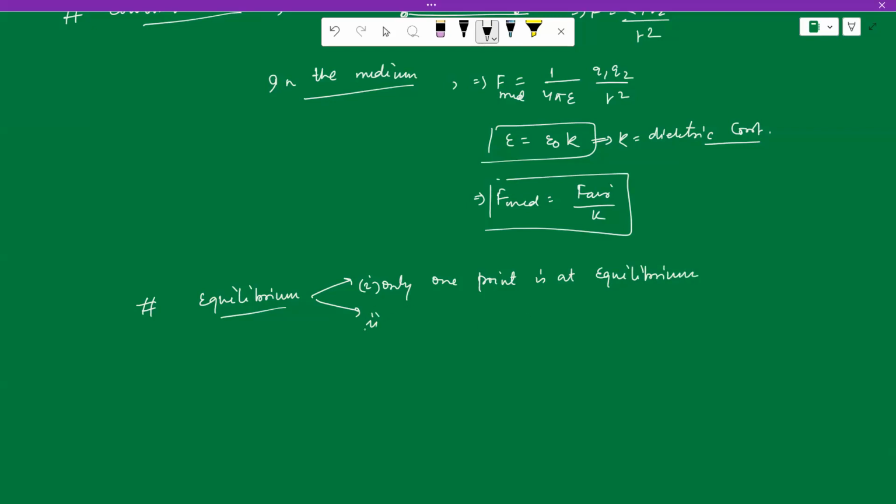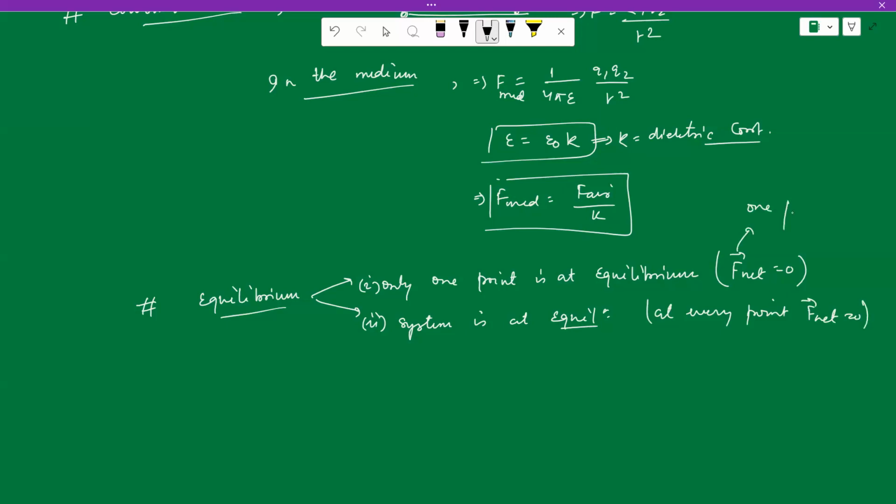And then there would be a system at equilibrium, right? This shows that only at one point F net is zero, and this shows that at every point F net is zero, right? So this is at one point.